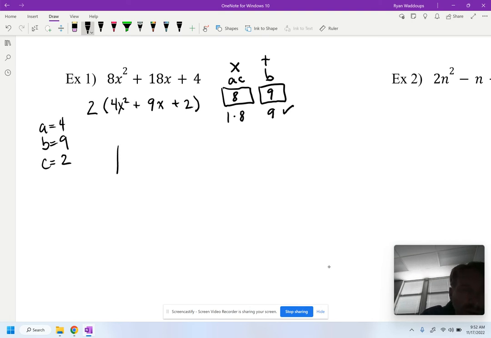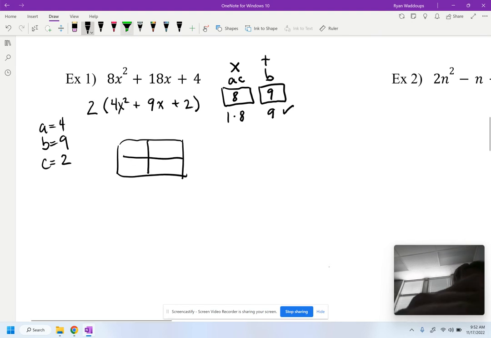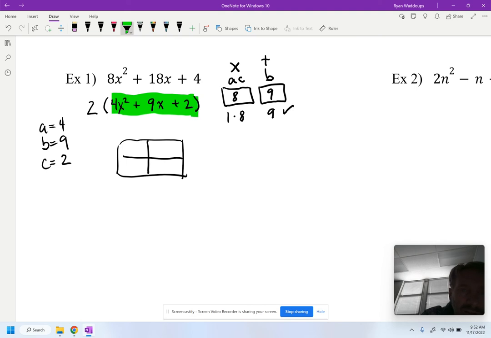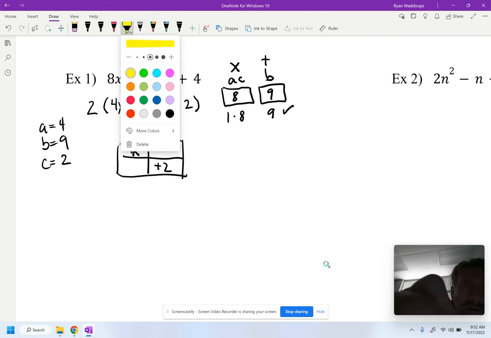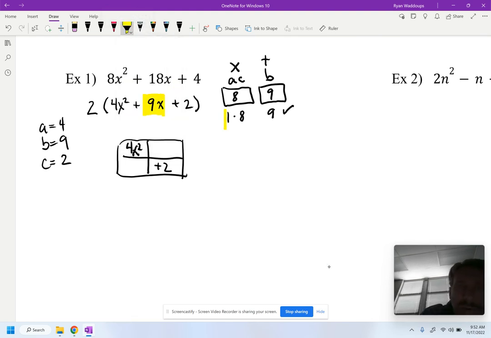Now, I like the box, so I'm going to use the box. Careful with the box that you're putting these numbers in the box and not the original, because we're just factoring what's inside the parentheses. And so we'll put 4x squared in the first box and plus 2 in the last box, and then 9x we're going to put in the box using the two numbers that we found, 1 and 8.